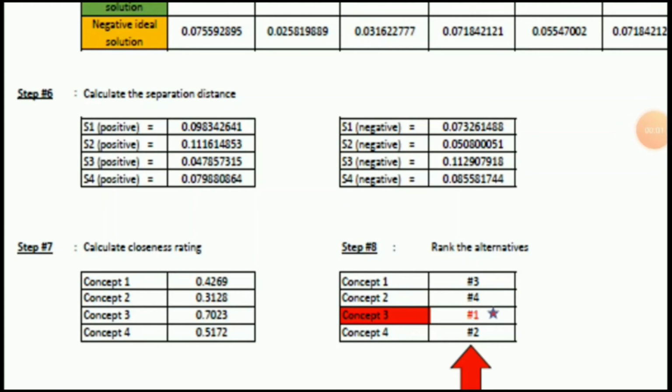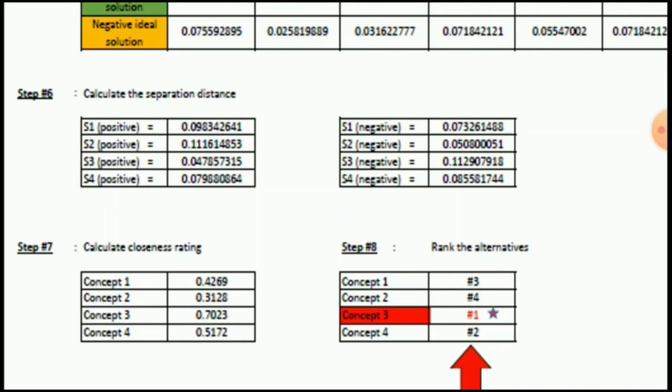Okay, now we are moving into step number 6, calculate the separation distance. We have to use the formula given, which is simply the square root of the summation of the alternative value minus the positive or negative ideal solution, squared. So what can we say here? We have two parts of the separation distance: one moving towards the positive ideal solution and the other moving towards the negative ideal solution. The separation distance is calculated separately for each concept, concept number 1, 2, 3 and 4.